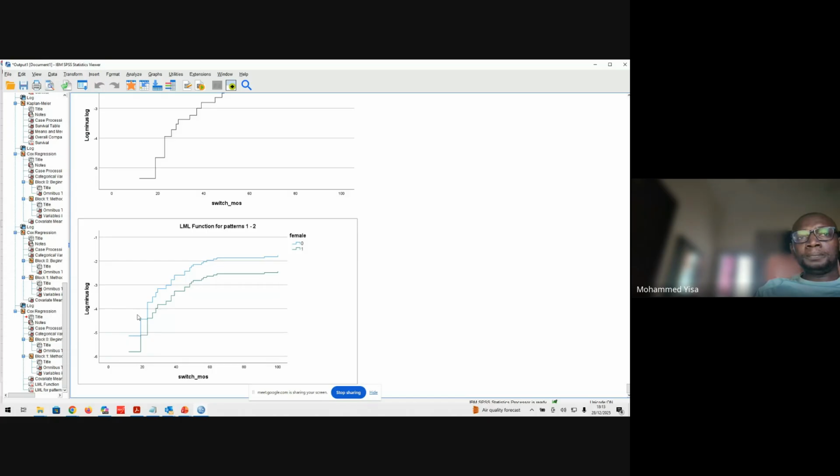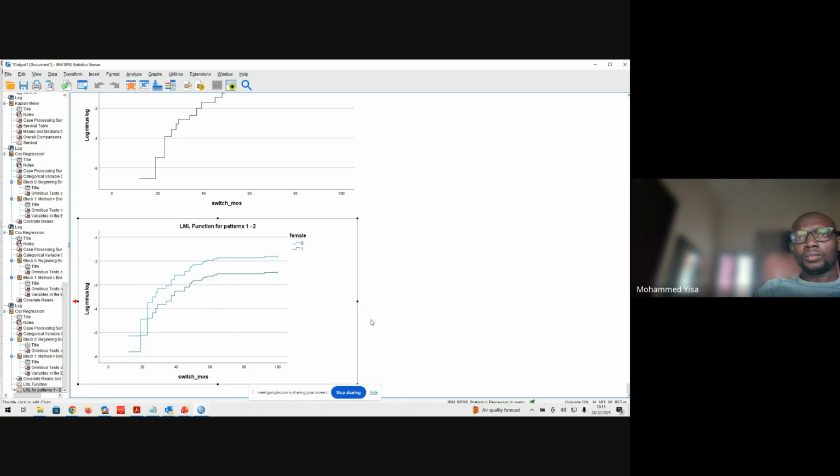Because they are meeting here, it means the assumption of the constant probability across the time point is not met, and you can then maybe move on to some other tests that would help you to better understand the relationship.